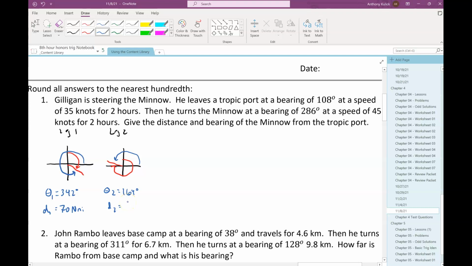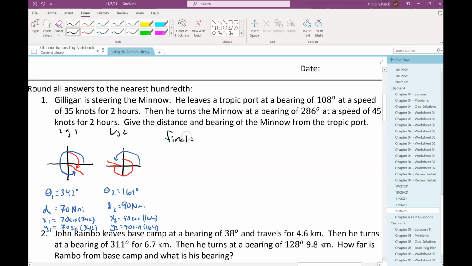And our distance is going to be 45 times 2, so 90 nautical miles. So our x component is 70 times cosine 342, our y component is 70 times sine 342. And our x component is 90 times cosine 164, our y component is 90 times sine 164.